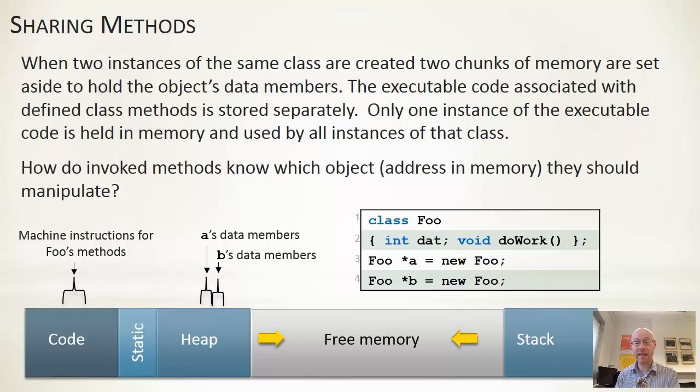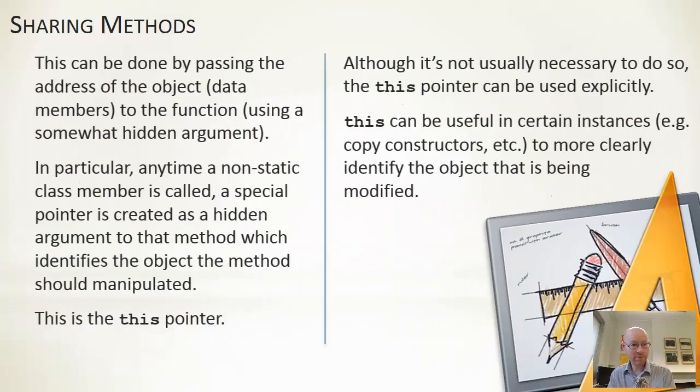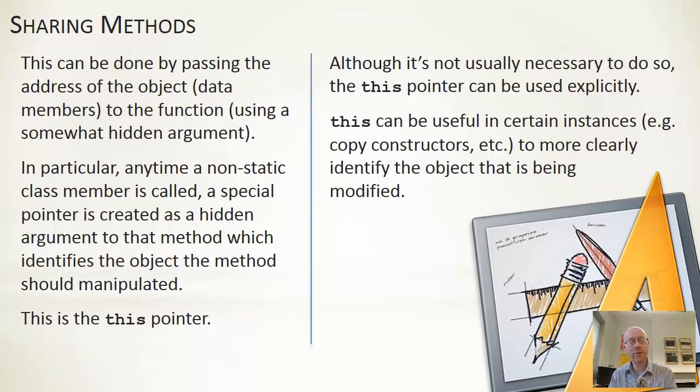So effectively it links the method into either A's or B's data. Effectively this additional semi-hidden parameter is the address in memory of the data of the instance on which we're calling that method.